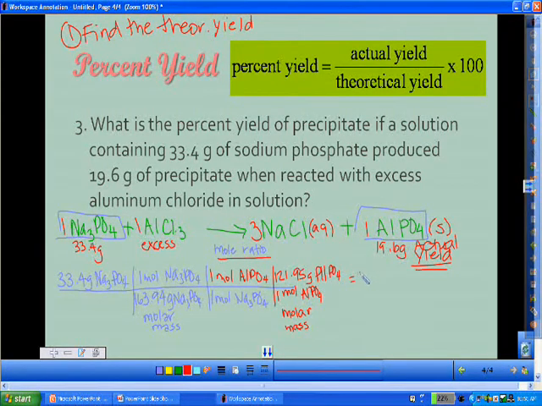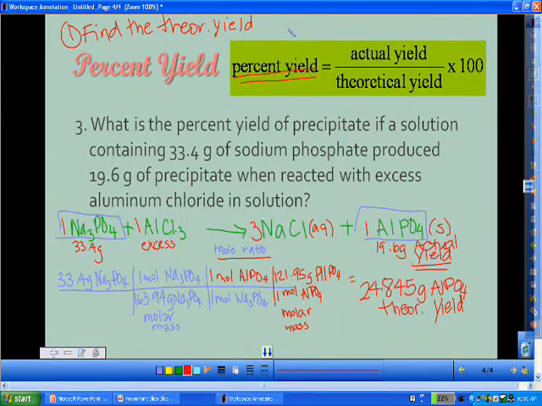So we get that our theoretical yield is 24.845 grams of aluminum phosphate. And I'll put a little note here, this is the theoretical yield. Now we need to calculate the percent yield, that's what it's actually asking for.